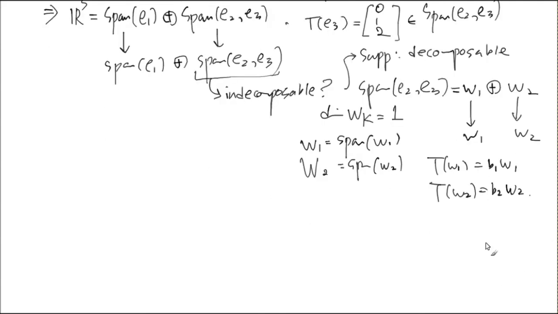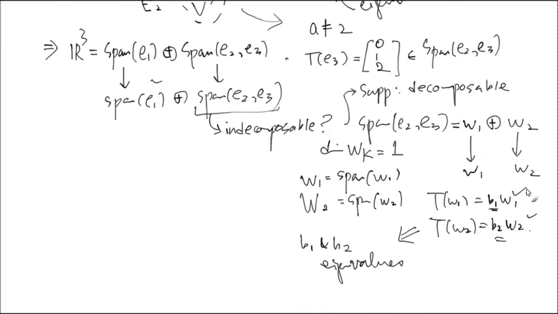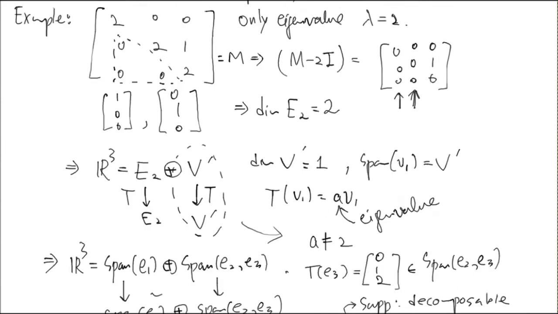And what was the conclusion from here? By looking at this B1 and B2, hey, those B1 and B2 are eigenvalues. Eigenvalues again. So we discovered one eigenvector and another eigenvector linearly independent from that, and there was one eigenvector, right? So how many eigenvectors did I find? E1 and these 2 more. So I found 3 linearly independent eigenvectors, right?